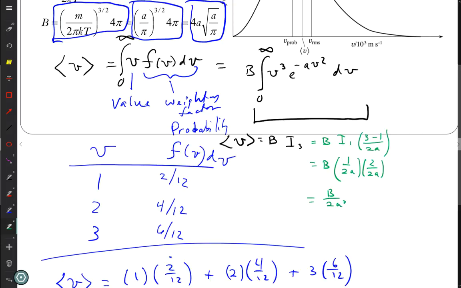So now I'm going to look at this and say, which one of those forms looks the easiest for me to use? And clearly the one that looks the easiest to me is the last form of B, the one where B is equal to 4A times square root of A over pi.